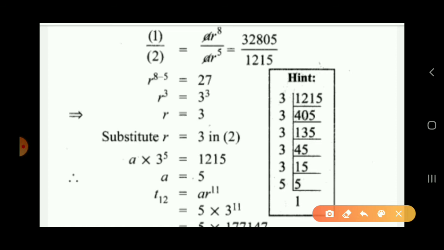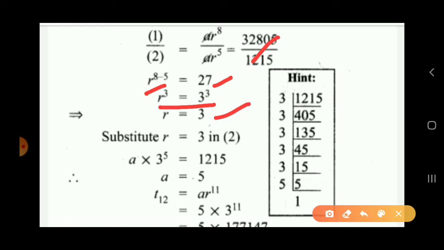So A cancels, remaining R power 8 minus 5, because the division means subtract the powers, so R power 3. And 32,805 divided by 1,215 is 27. So R cube equals 3 power 3. The powers are the same, so the base R equals 3.